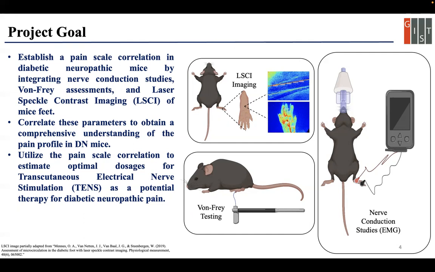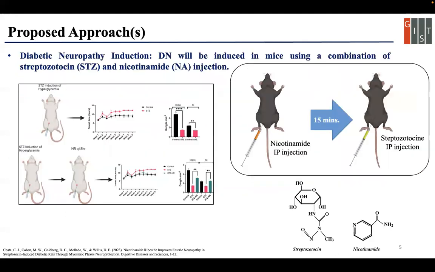So I want to see the exact amount of changes in this blood flow in the mouse paw so that we can have a better correlation. Utilizing this kind of diagnosis, I want to have a final dosage optimization or dosage estimation for this diabetic neuropathy.